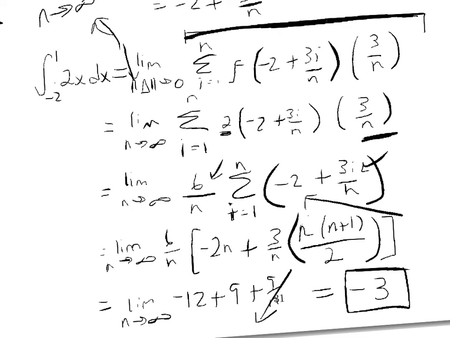We started with the integral from negative 2 to 1 of 2x dx, and we ended up with negative 3. I know that's a lot of work. We'll see why that's important in just a second.